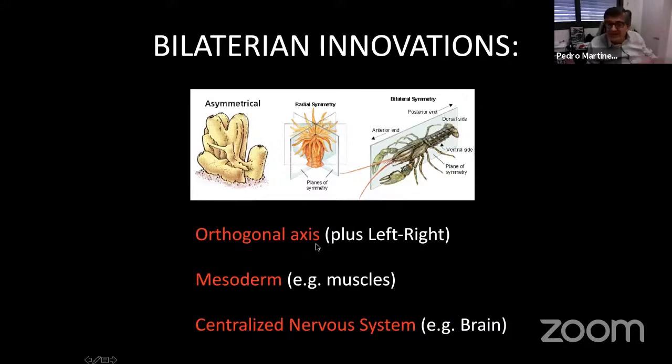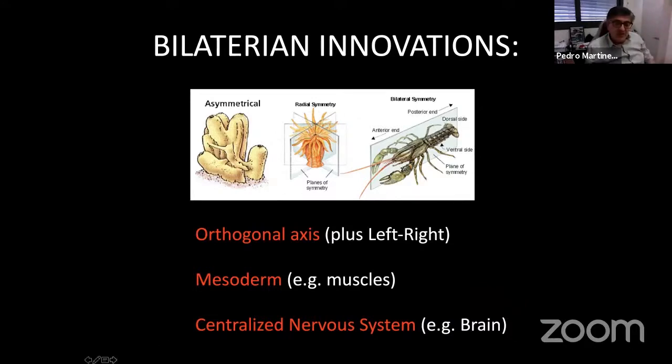So you have a left and right side of your body, which are mirror images of each other. Then the mesoderm was an invention, which gives, for instance, muscles, but also the circulatory system, etc. And a third invention that came with the origin of bilaterian animals was the presence of a centralized, an aggregated system of neurons at one side of the body, which we will call a brain, okay?